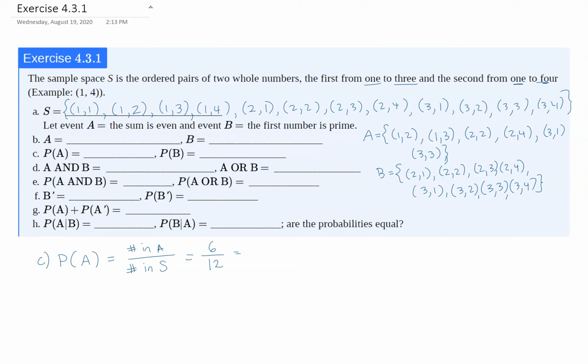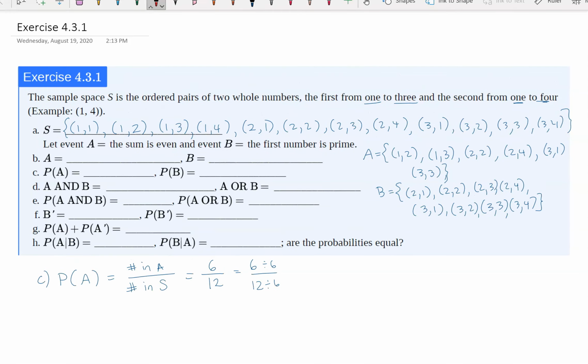Now I know this book says don't reduce the fractions. That actually makes me crazy. 6 over 12, what is that? Well, if we reduce it, 6 divided by 6, divided by 6. Notice I'm doing the same thing on the top and the bottom. So I'm really just multiplying by a special factor of 1.